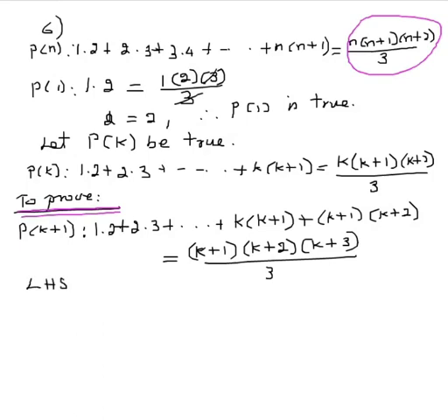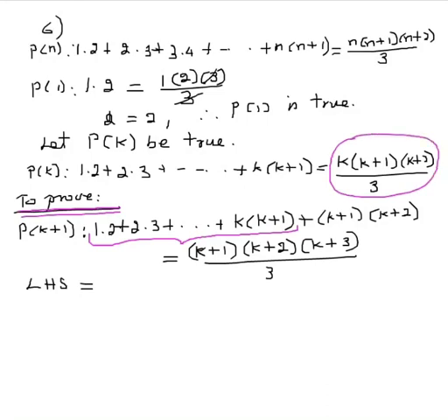Now take the left hand side of this and we can replace the first k terms by P of k total. P of k total is this. Therefore, it becomes k times k plus 1 times k plus 2 divided by 3 plus k plus 1th term, I am copying.